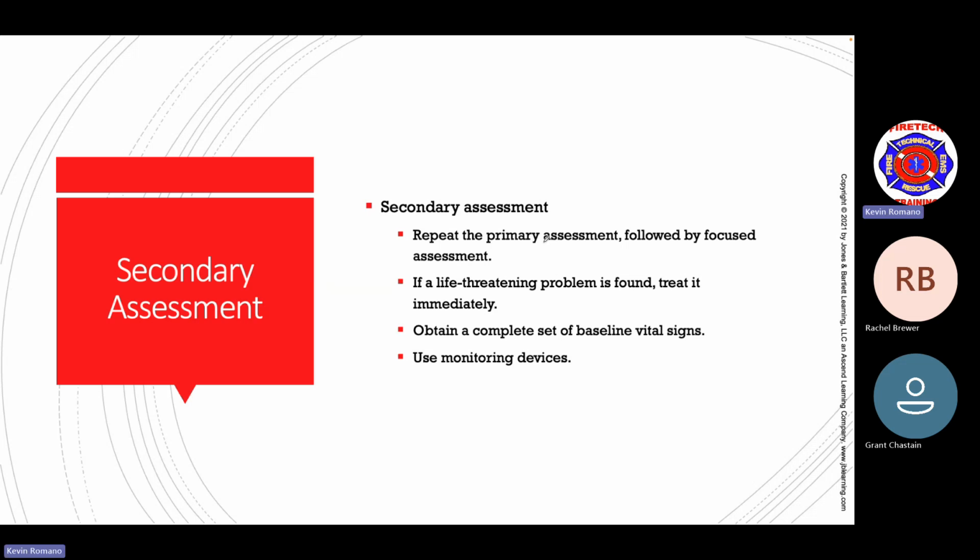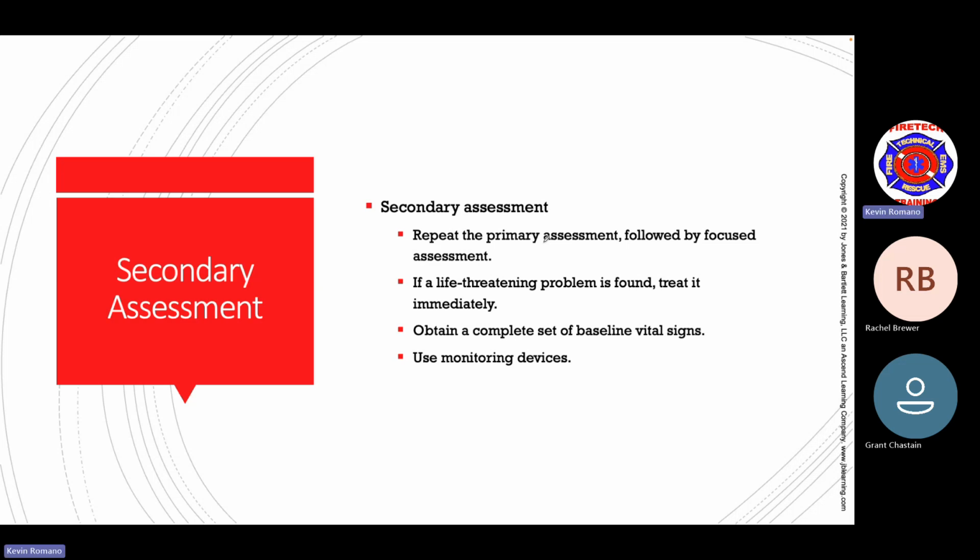The assessment should be performed quickly but thoroughly to ensure that you do not miss any significant or life-threatening problems or delay needed care, right? Use your monitoring devices. Remember, take those with a grain of salt, right? Whether your examination is of the entire body or a specific area, if a life-threatening problem is found, treat it immediately and get your vital signs.